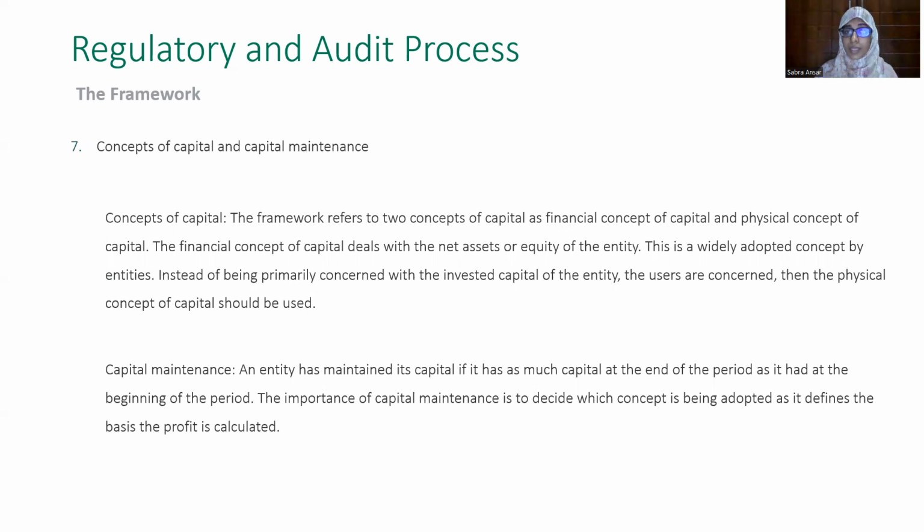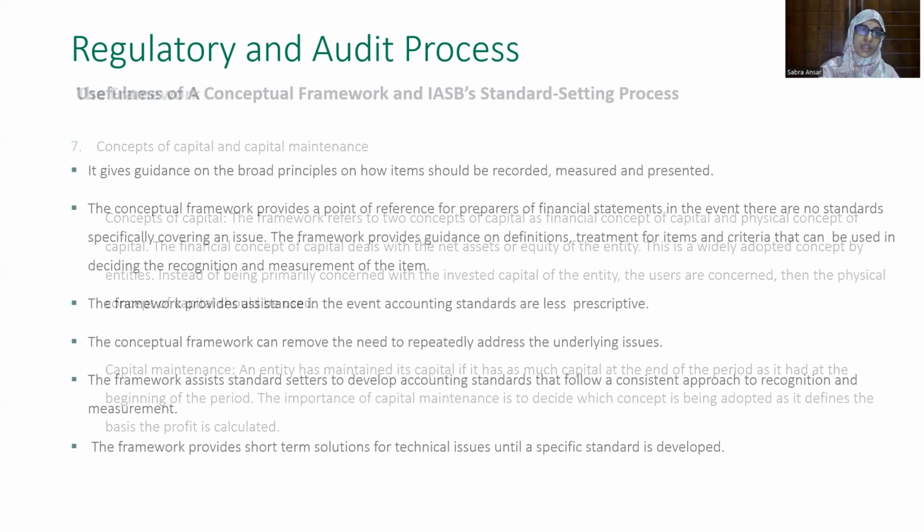It could also be intangible as well. So capital maintenance. Now when an entity has to maintain the capital, between the end of the period and the beginning of the period, how the capital is maintained needs to be included, and the basis of the profit needs to be calculated as well.